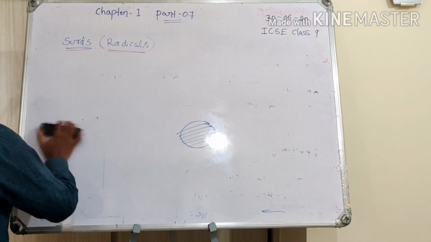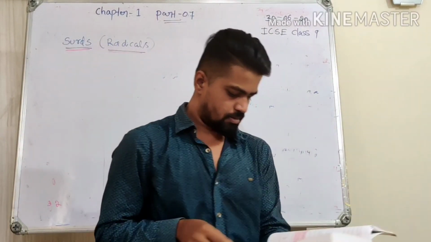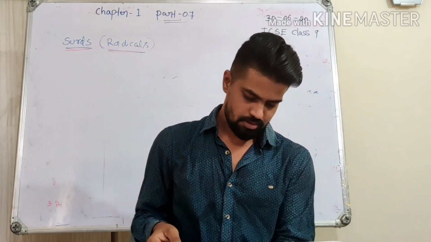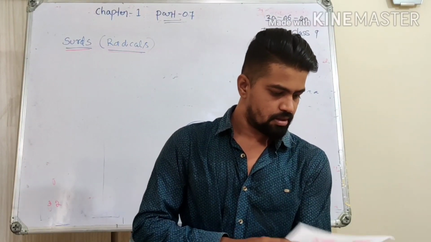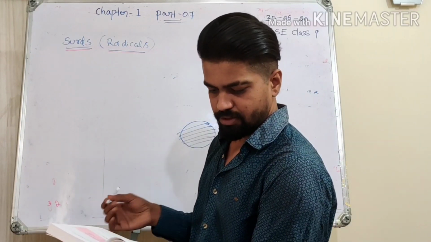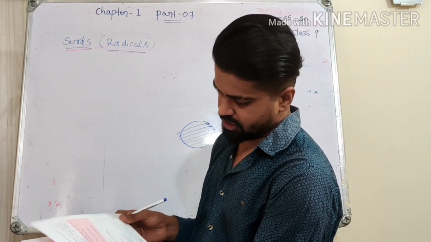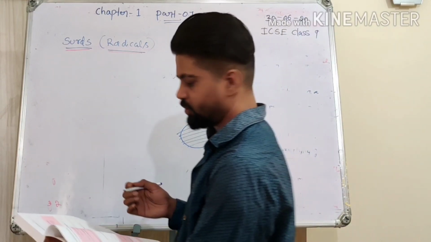So let us do some more examples now. Find the least rationalizing factor of root 27.